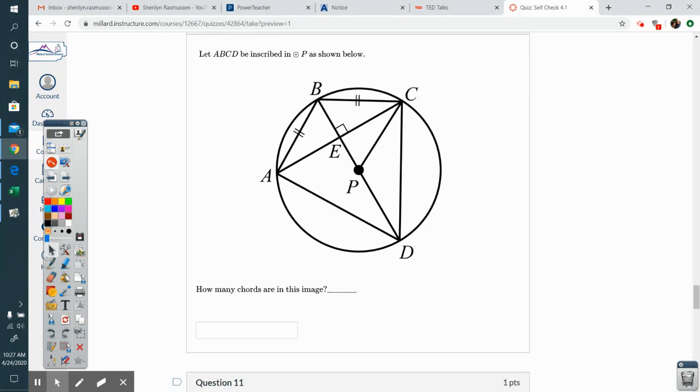Okay, how many chords again? So you're just identifying chords. 1, 2, 3, 4. I always like to go, as you can see, on the outside first and then look on the inside. Touches the circle, so that's 5, and then 6, and this is not one. So 6 again.